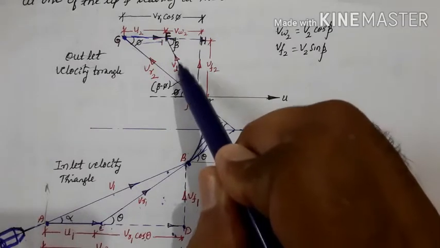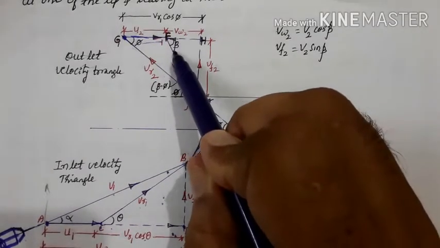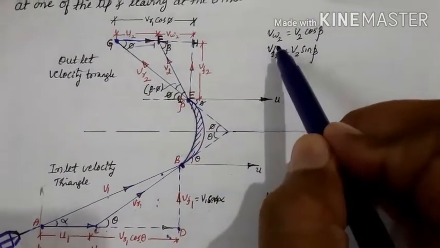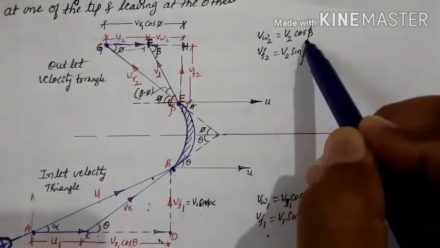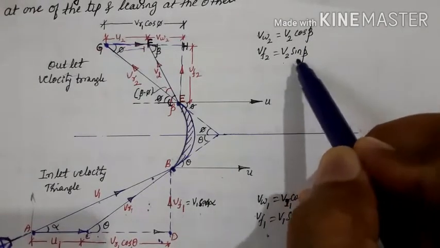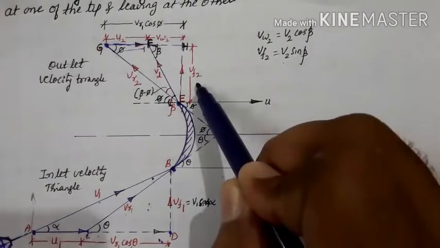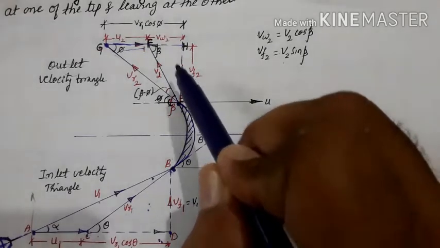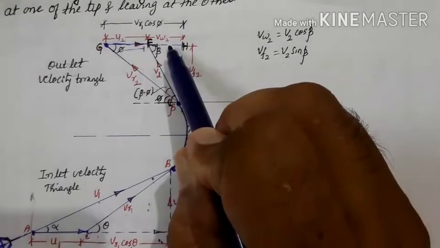The angle made by V2 with the horizontal is beta. Then VW2 is V2 cos beta and VF2 is V2 sin beta. So VF2 represents the velocity of flow at outlet and VW2 represents the velocity of whirl, the rotational velocity at outlet.